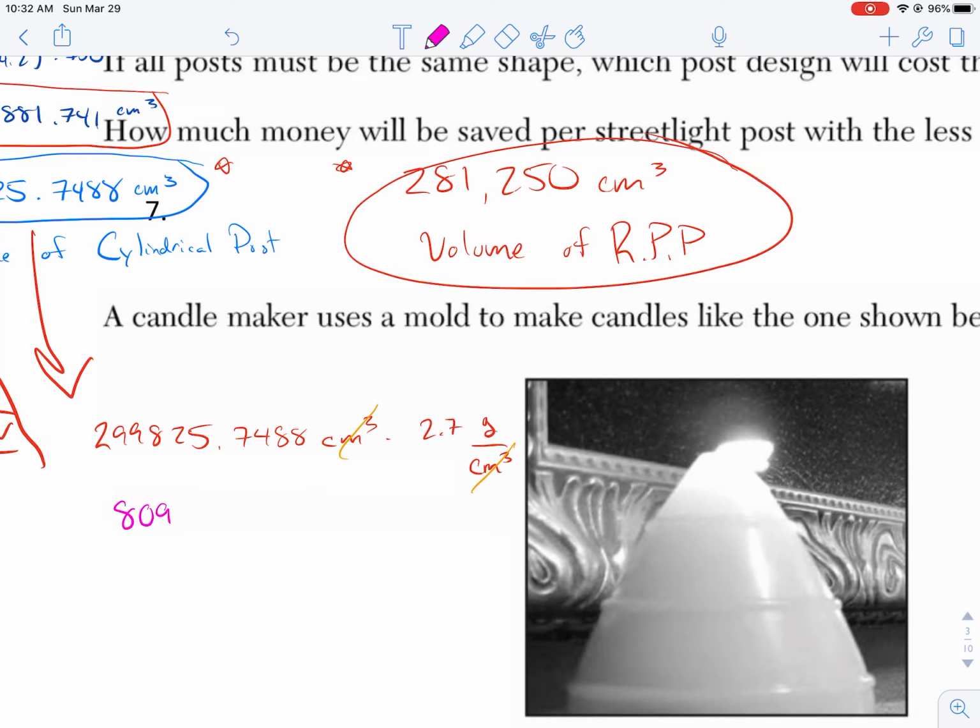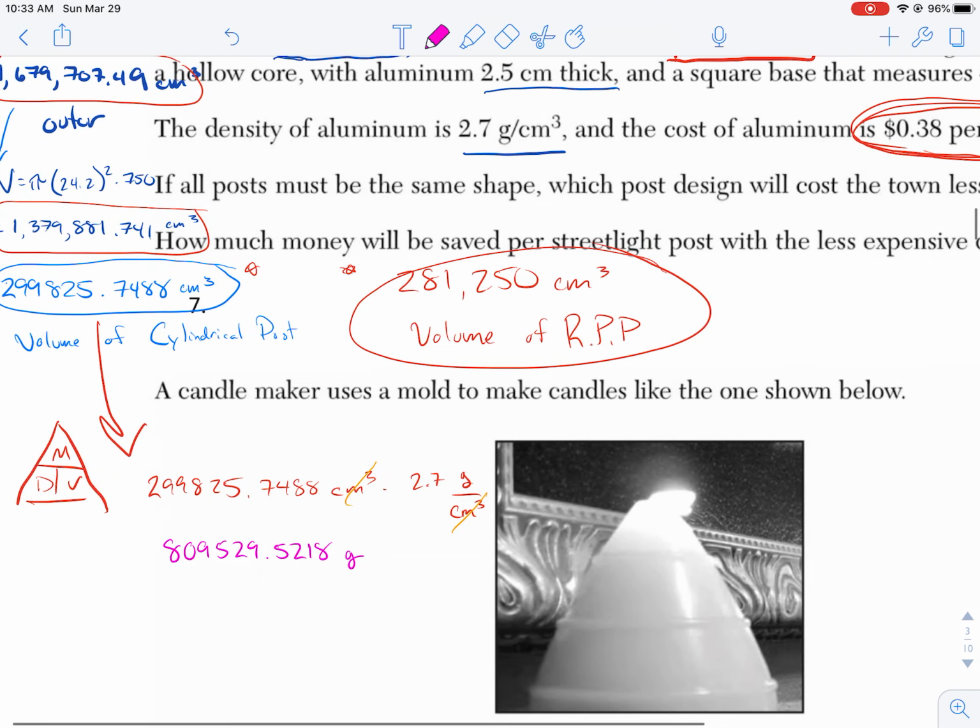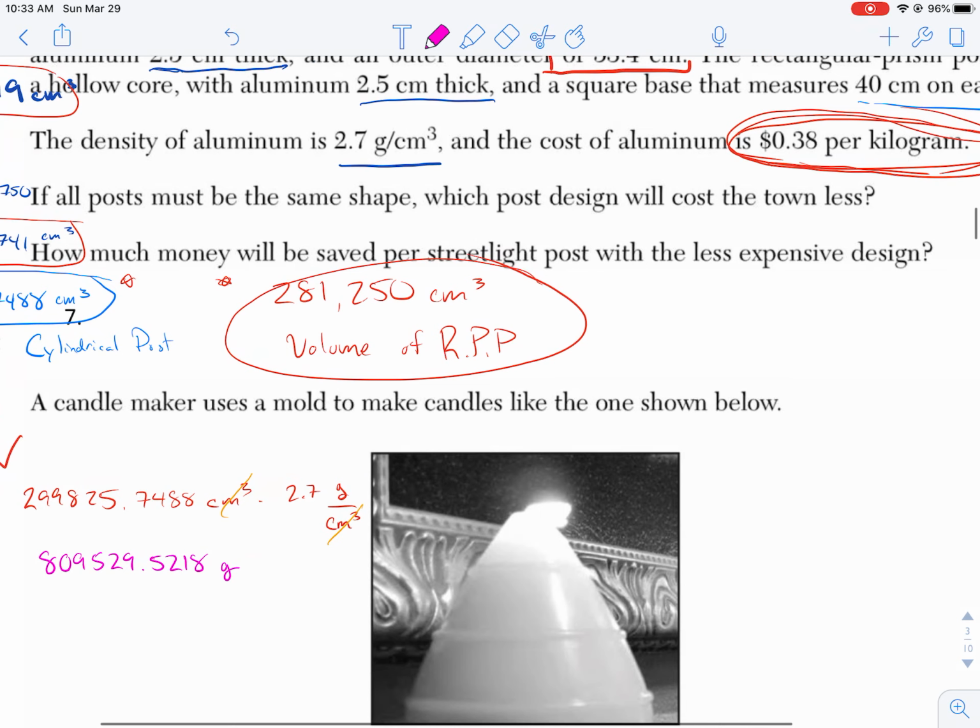So you're left with a mass of 809,529.5218 grams. Okay, but if you recall, our cost of aluminum is $38 per kilogram.